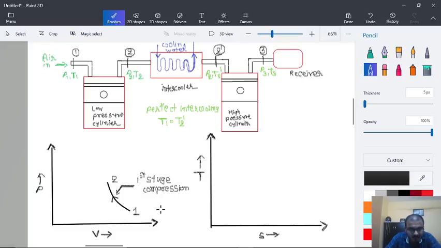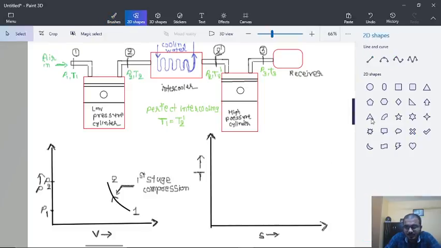So here we have pressure P1, and here the pressure is P2.